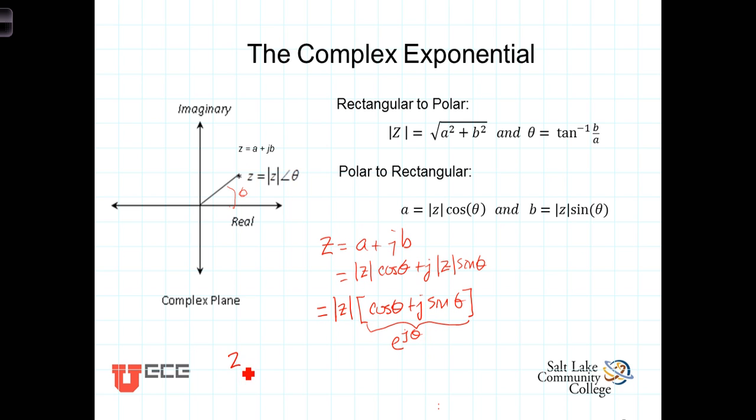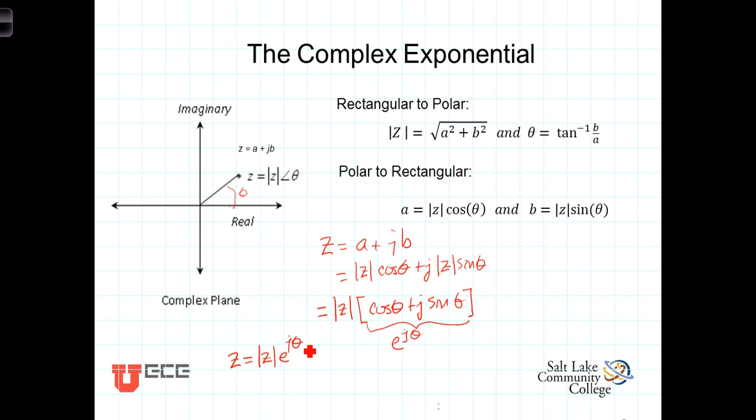Thus, another way of writing this complex number z, in what we are going to refer to as its complex exponential form, which uses the polar coordinate values of magnitude z and theta, is z equals magnitude of z e to the j theta.